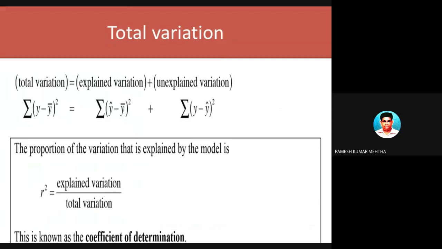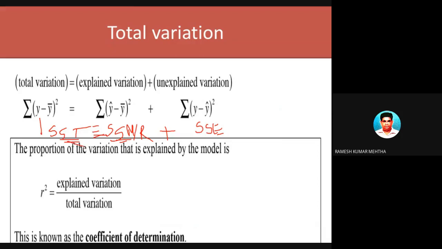This is a very important equation: SST is equal to SSM, or SSR, plus SSE. Already, about five to ten minutes before in this session, I explained how to calculate SST, SSM or SSR, and SSE. That is, sum of squares total is equal to sum of squares model or regression plus sum of squares error.